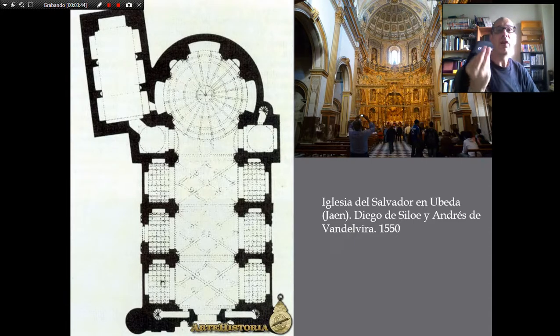The Pantheon of Agrippa in Rome, 1st century after Christ, is a circular structure, and something so similar happened here. We have a tomb in the middle of Francisco de los Cobos. This guy was the secretary of King Carlos I, and he wanted to be buried in this church, so the structure is circular because we have a tomb in the middle, and then the rest we have naves and chapels.